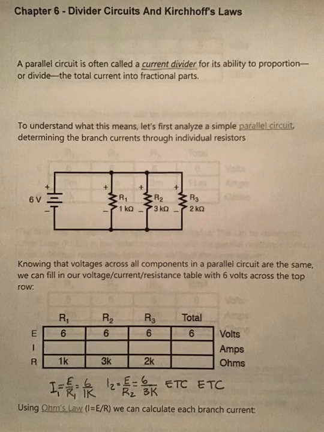The circuit you're looking at, circled in black and blue, is a parallel circuit, and the 1K resistor will by default receive the most current.